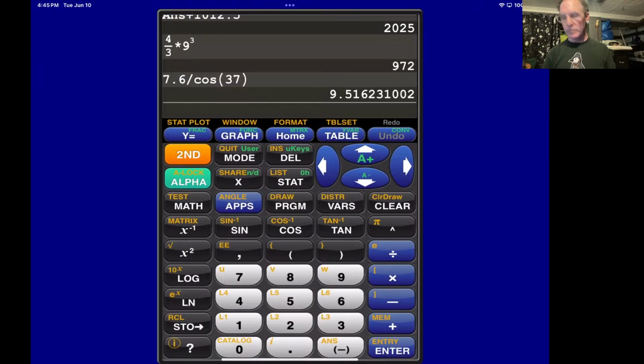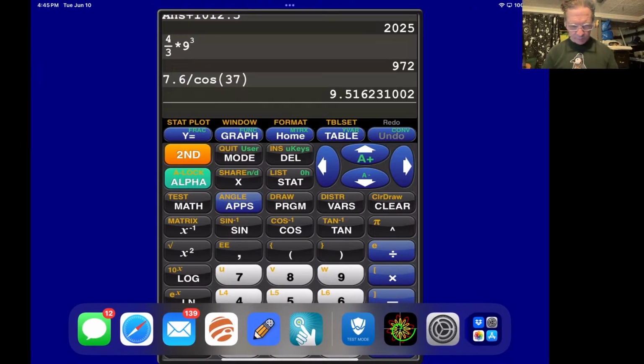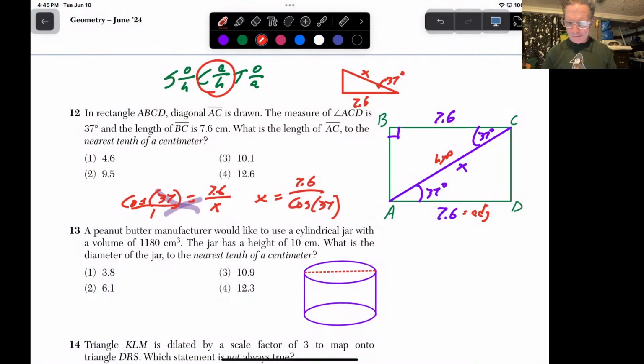I think I did something wrong. Let me check. Oh, yeah, I did do something wrong. Because I said that BC, wait, no, that looks right. BC is 7.6.